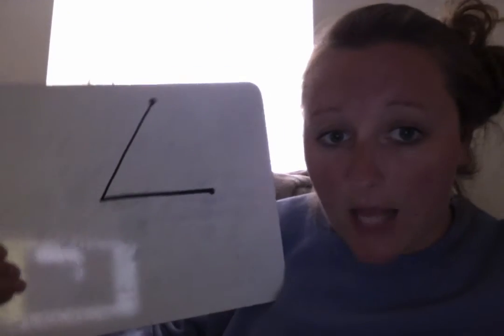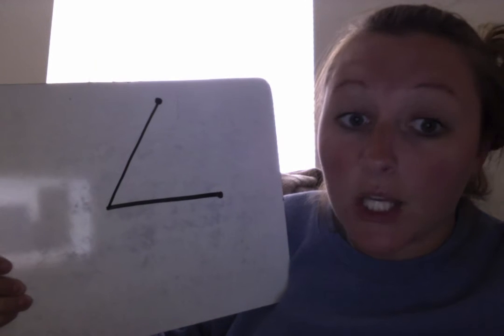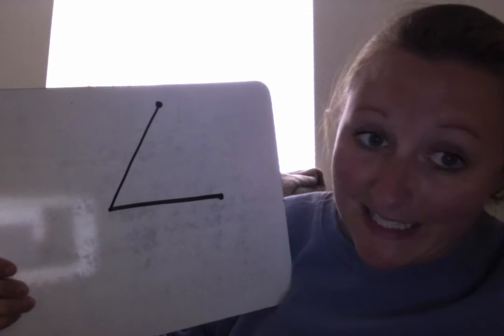So if I was given an angle that looked like this, okay, so I have a very simple angle right here. We can tell from this angle and from what we know that this is an acute angle because it's less than 90 degrees.